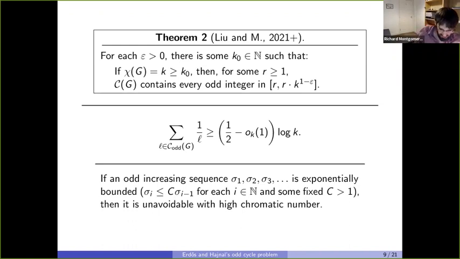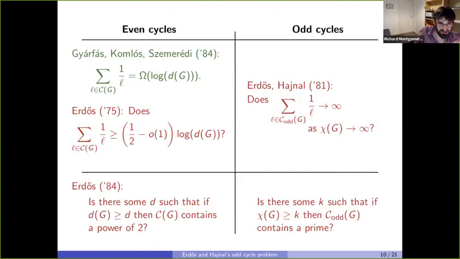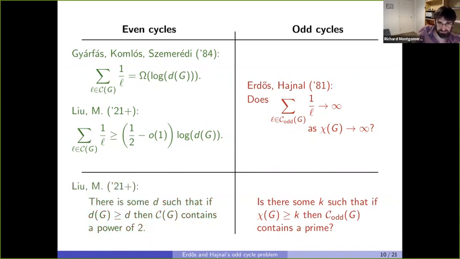So before I move on and try and talk as much as I can about how one might prove these sort of things, I'll just summarize the main things I've shown you. So for even cycles, Hong and I were able to show this conjecture bound of Erdős, and also that the powers of 2 are unavoidable with high average degree.